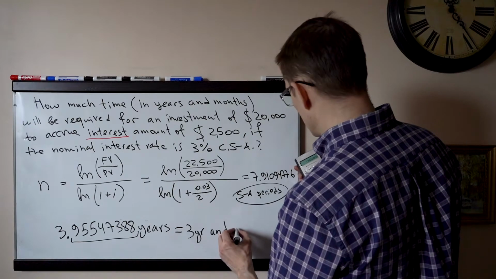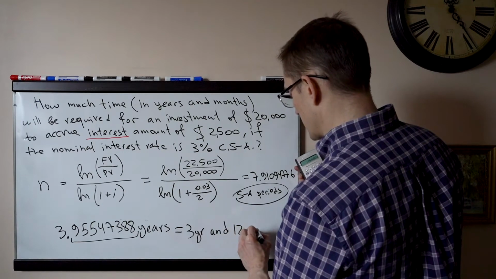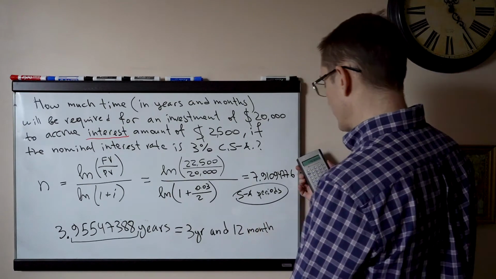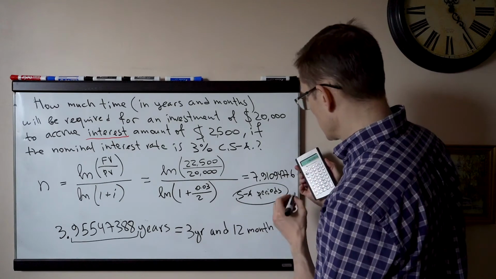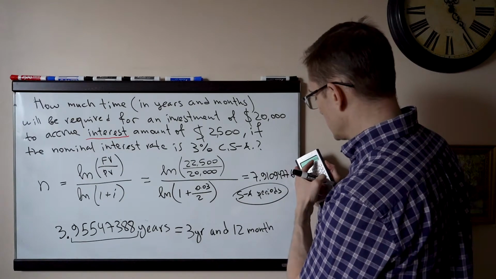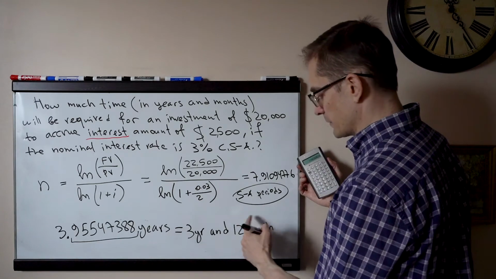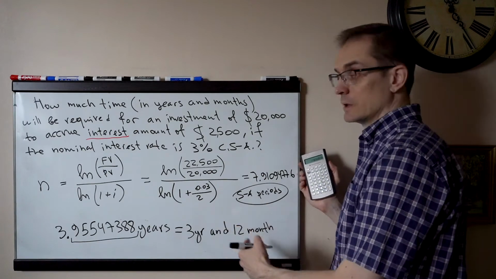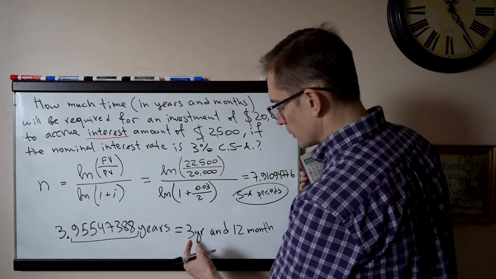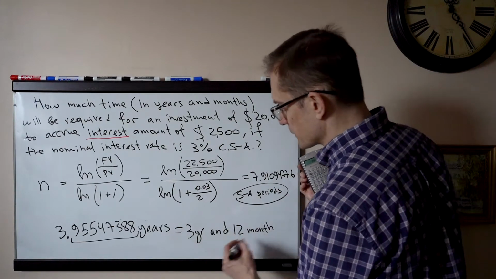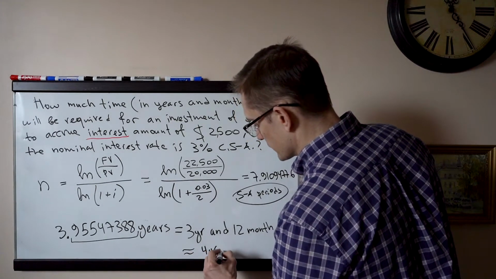But we will actually write it's 12 months, okay? Because we rounded up. In exact terms, it is 11.47 months, but we round up based on what we talked about. So 3 years and 12 months, which of course actually is the same as 4 years.